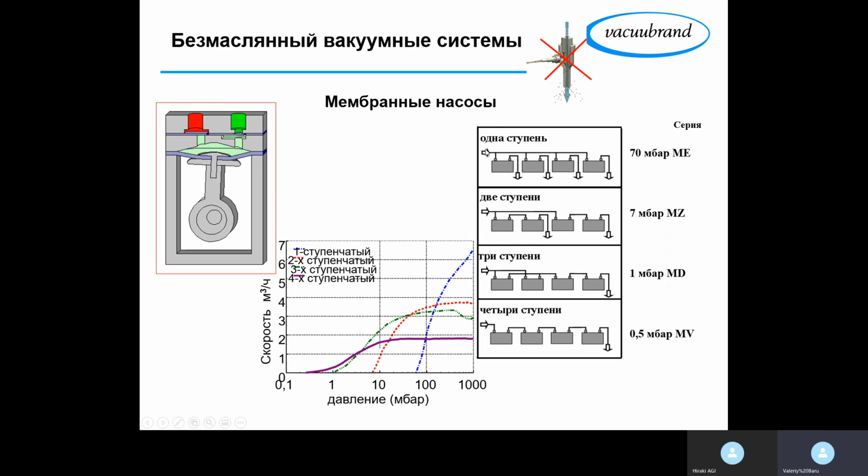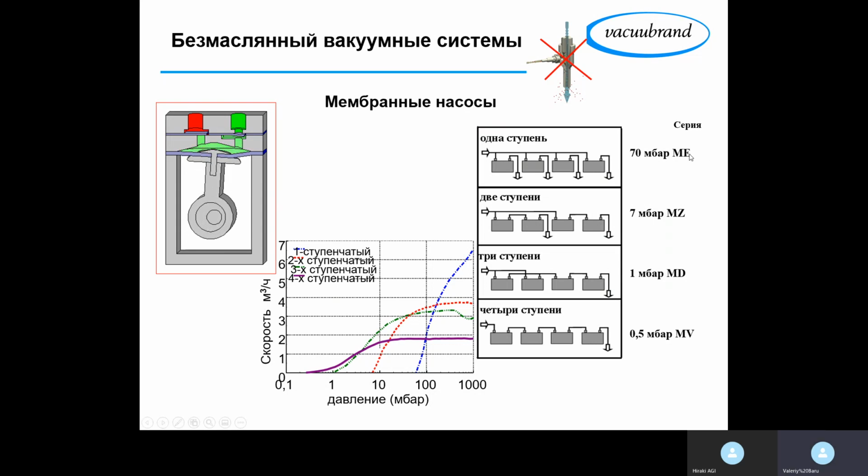In case we connect them in parallel, we have the so-called one-stage pump. You can see here the picture. The blue one shows the one-stage pump. It gives the maximum performance but a very low vacuum.